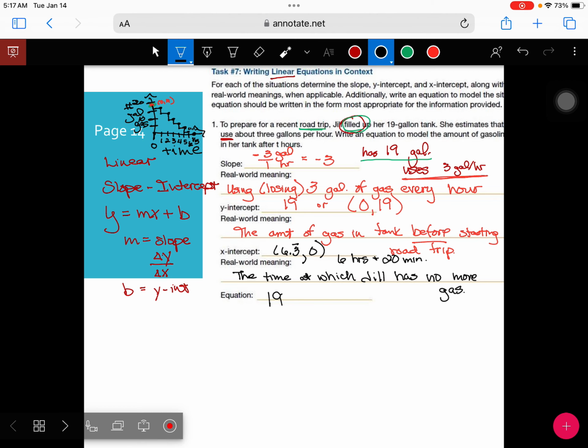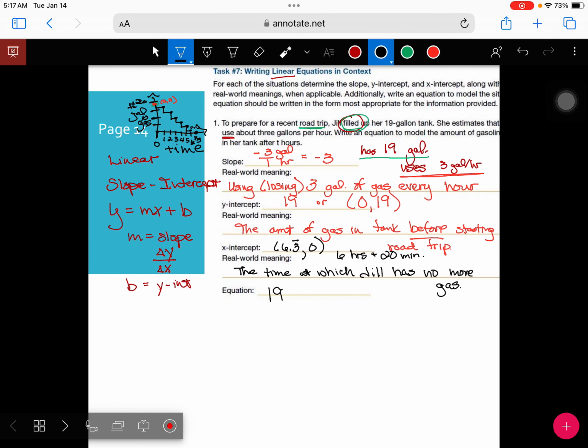Somewhere, does it say something about using T? So she starts with 19. She is losing 3 gallons of gasoline per hour. Why do I have T? Oh, maybe that's the time.